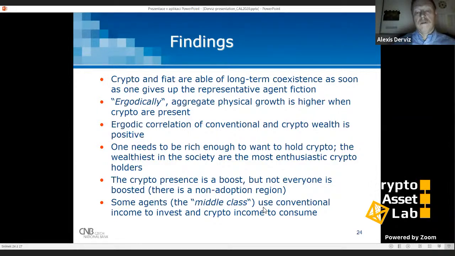And there is also, so to say, a non-adoption region. It has to do with poor individuals, those who don't have enough physical wealth. They don't care about crypto wealth either. If you are really well off, it's worth your while.